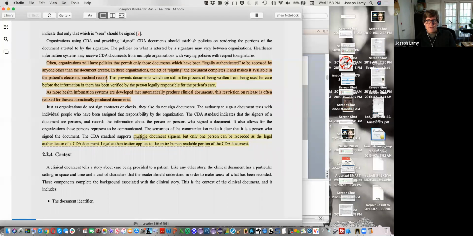When I read these two highlighted requirements, it made me think that maybe the vendors configuring a single HIMSS manager to be the legal authenticator, maybe they're right.